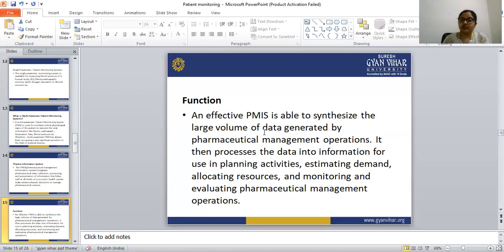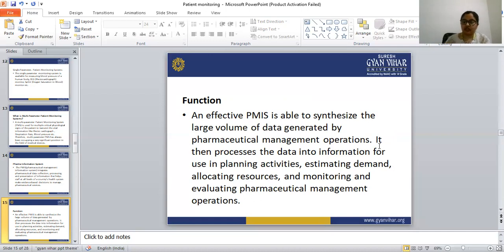An effective PMIS is able to synthesize the large volume of data generated by pharmaceutical management operations. It then processes the data into information for use in planning activities, estimating demand, allocating resources, and monitoring and evaluating the pharmaceutical management operations.